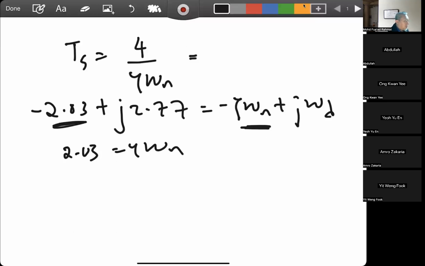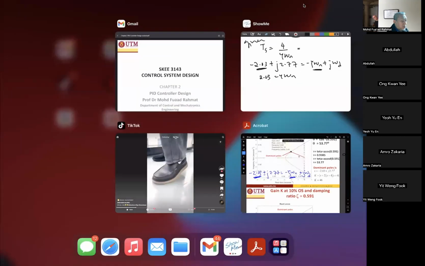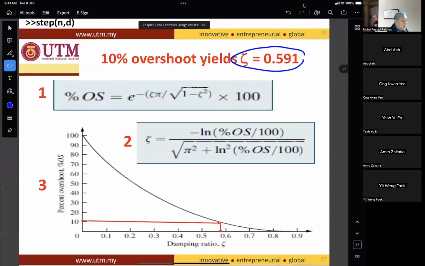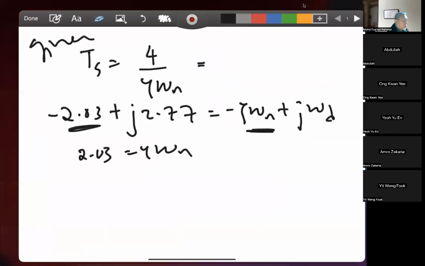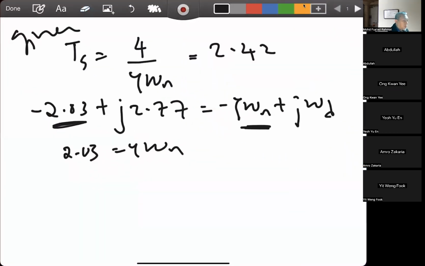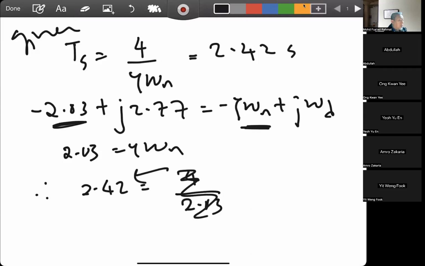The plot is not given, so the Ts is 2.42 seconds. So in this case, 2.42 seconds is equal to 4 divided by 2.03, so you get this value.